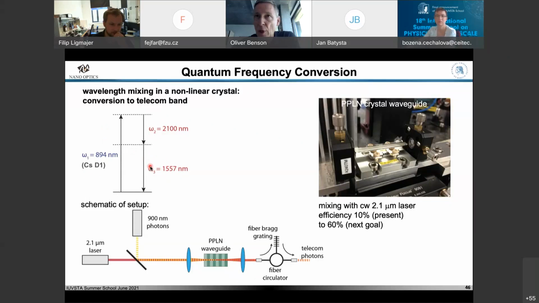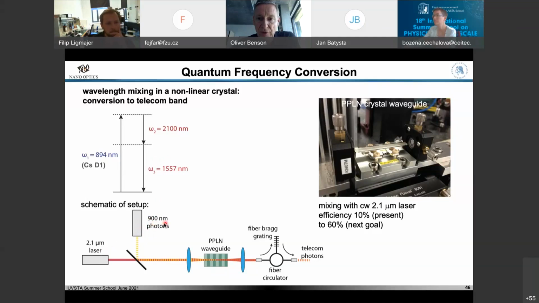And the nice thing of this process is it's a classical process, if you want, this nonlinear effect. It's a classical process, but it's also a coherent process. So you nicely maintain all the coherences in this process, so no reason to be concerned about the quantum properties not being preserved. The challenge, however, is quite obvious.